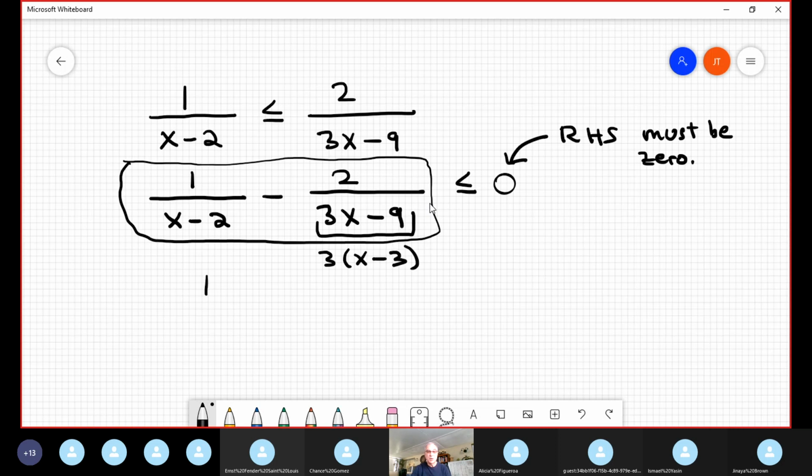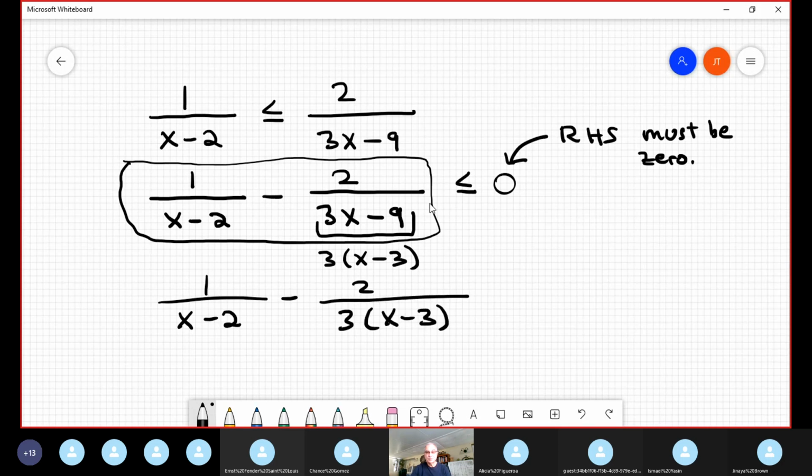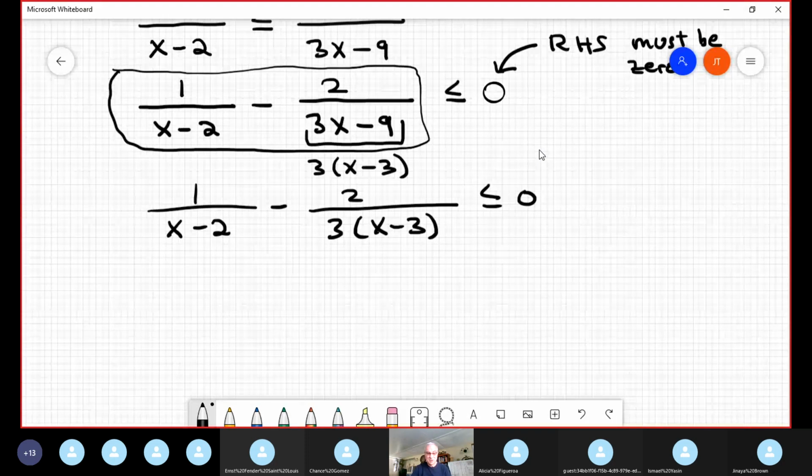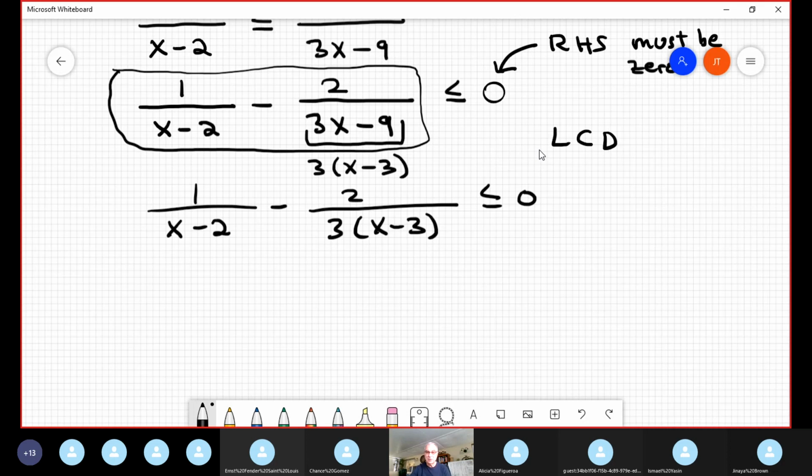Let me write again. 1 over x minus 2 minus 2 over 3 times x minus 3, less than or equal to 0. Why do I focus on the left-hand side? Because the right-hand side is 0. I don't care. I focus on this. So in order to condense it into only one fraction, you find the least common denominator.